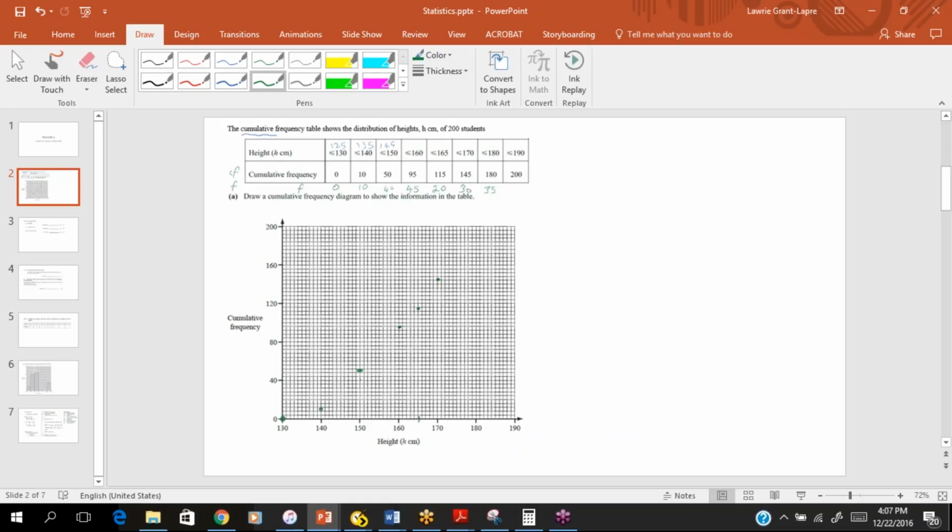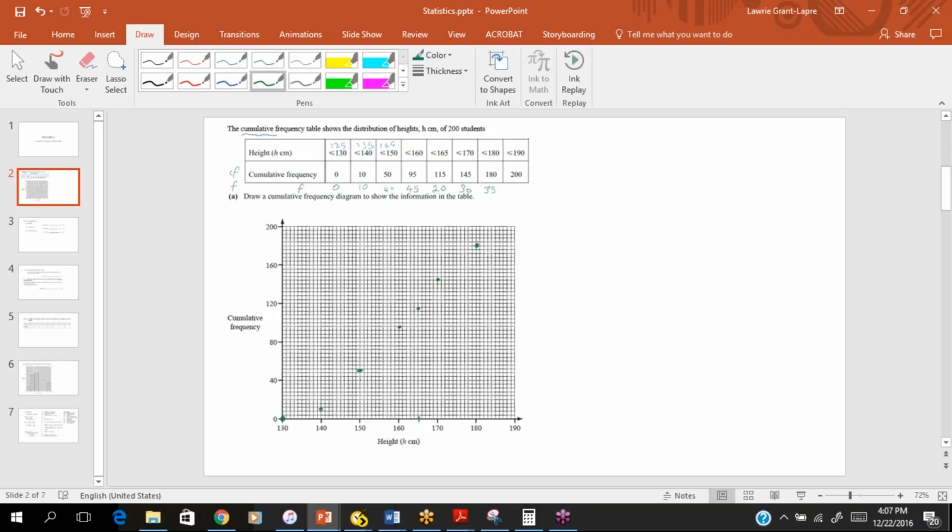So above 180, we've got to go up that line to get to 180, which is halfway between 160 and 200. So we should be here. Good idea to use a ruler to double check.